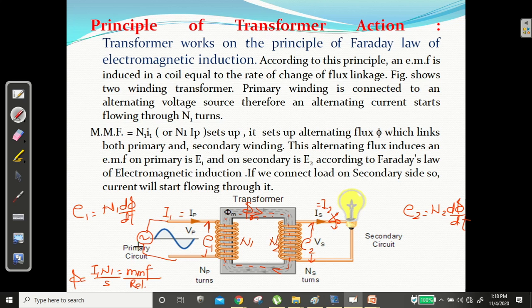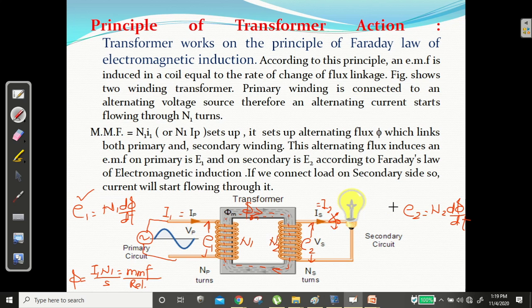When we give the supply to the primary, current will flow. This current links with N1 turns and produces the MMF; MMF upon reluctance equals flux. This flux links both primary and secondary, you can say 100% flux is linking. According to Faraday's law, E1 equals N1 d phi by dt, and EMF will be induced on the secondary side, E2 equals N2 d phi by dt.